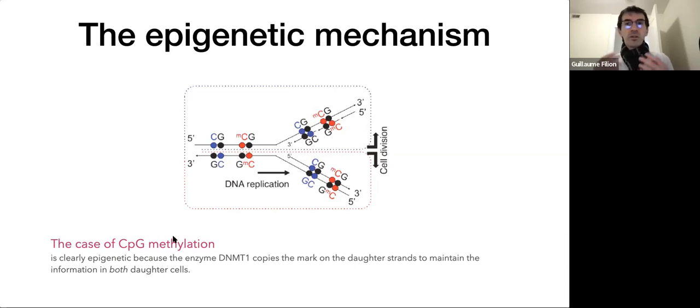People don't really know what they mean when they say epigenetic, but there's this idea of a memory, and the memory of the event is DNA methylation. That's the one thing that's passed from one cell to the next. Whatever happened 15 generations ago, the signal is still there because DNMT1 has faithfully copied the information on all the daughter strands. That's what makes it a memory process, and that's what makes it epigenetic.